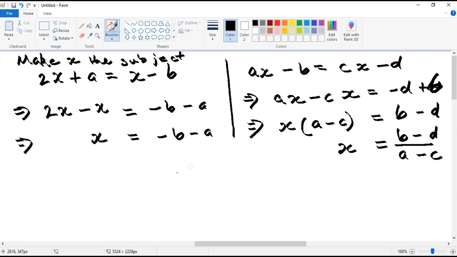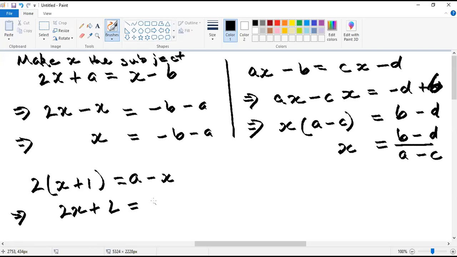So I have that. Then I'm going to try one more. I'm going to try 2x plus 1 equals a minus x. So I have now 2x plus 2 equals a minus x, right?